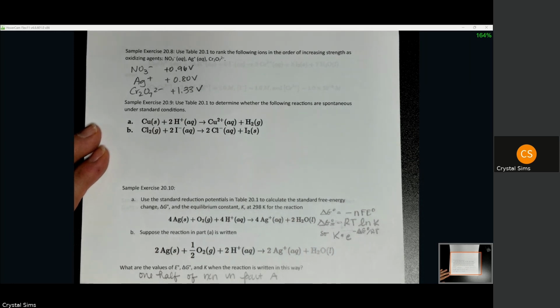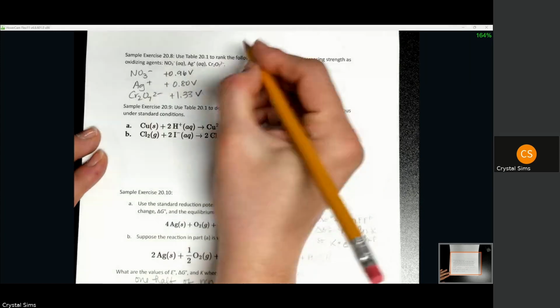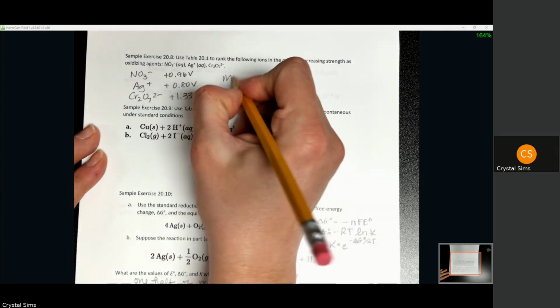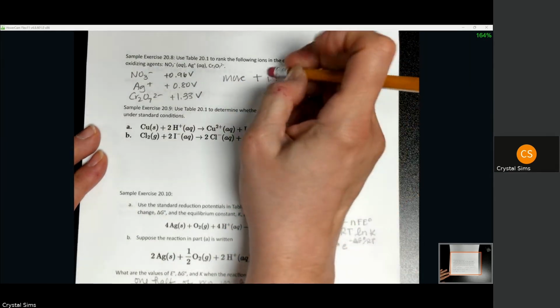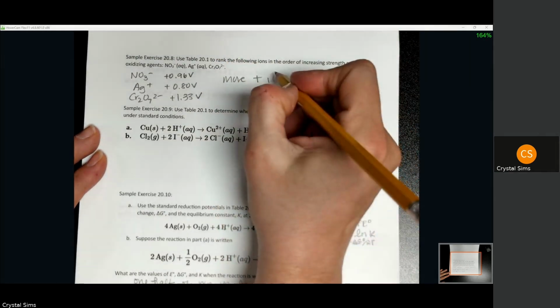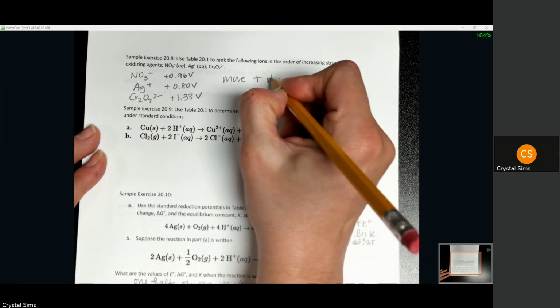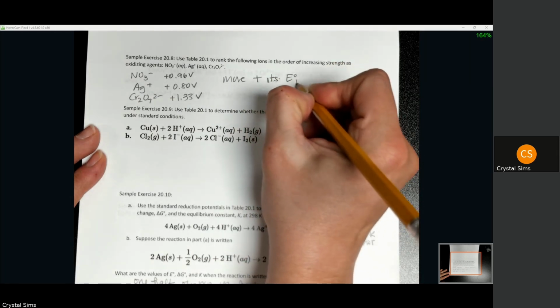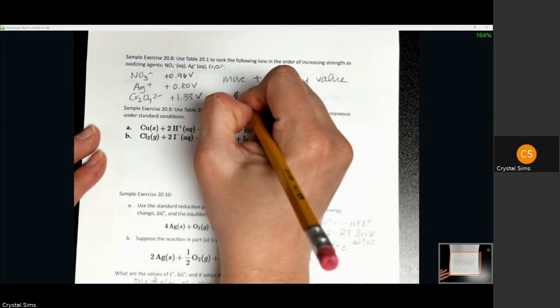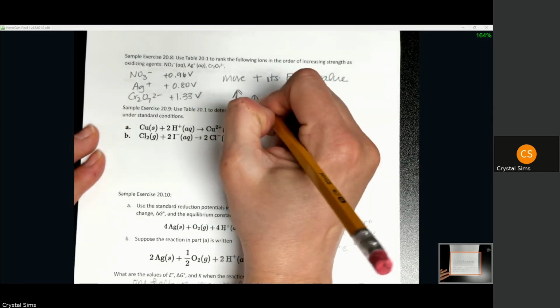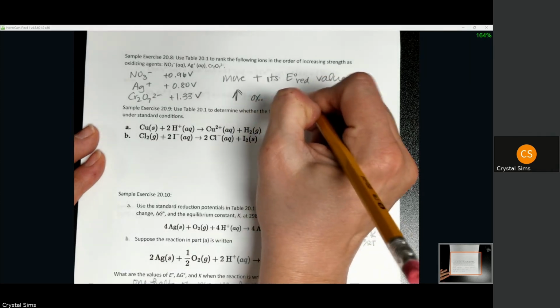The more readily an ion is reduced, in other words, the more positive its reduction potential value, the stronger it is as an oxidizing agent.